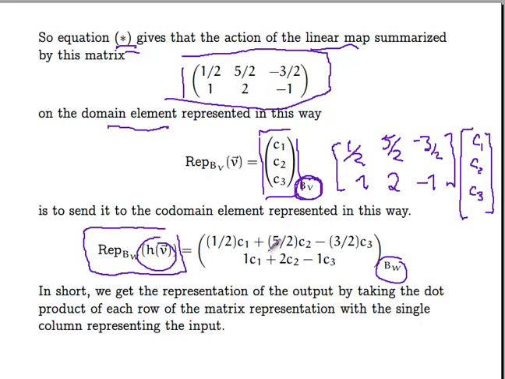So matrix multiplication naturally gives us the representation of the linear transformation by representing the image of V in terms of its coordinates relative to the original basis. And so we'll expand on this, but I do want to emphasize that here is the natural definition of matrix multiplication in terms of the linear map that it defines.